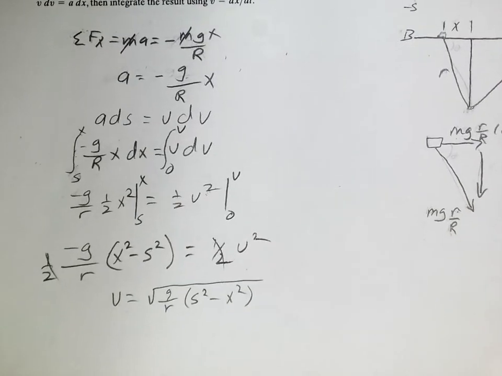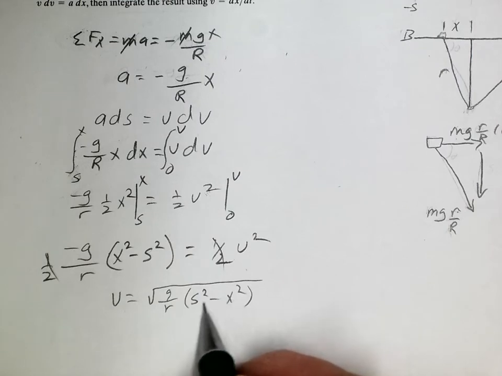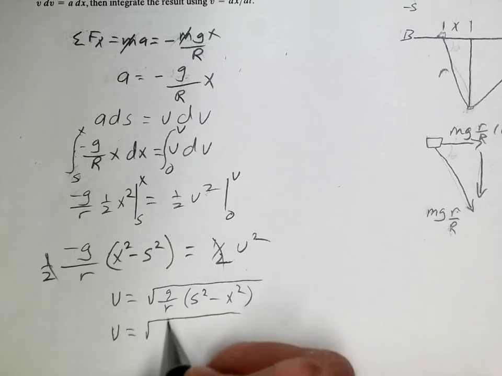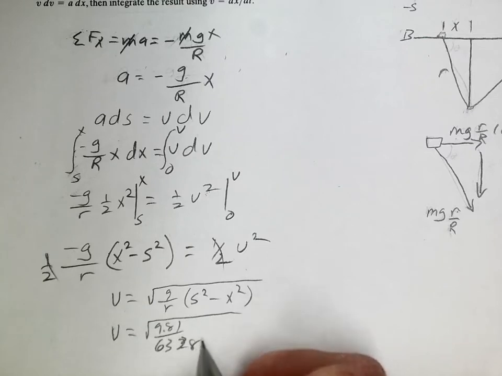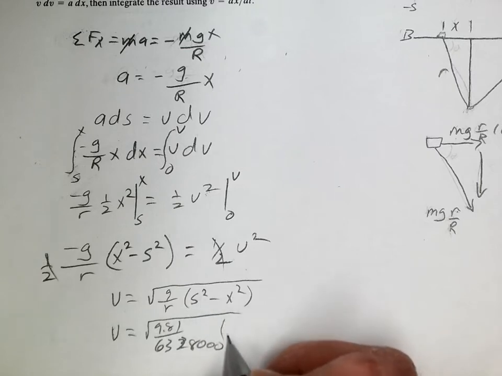Now if you find the maximum velocity, at the maximum velocity, x is equal to 0. So v maximum is the square root of g over R. G is 9.81, R is 6,328,000, because that's in meters, that's kilometers, times s minus 0. s is 2 million.